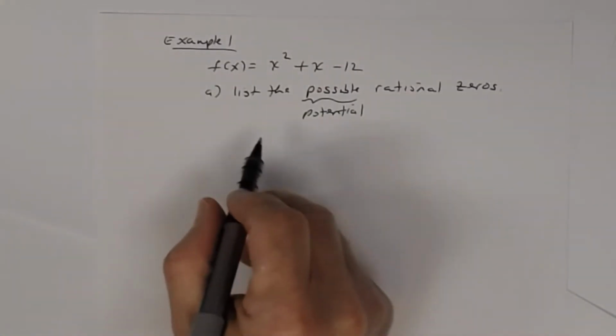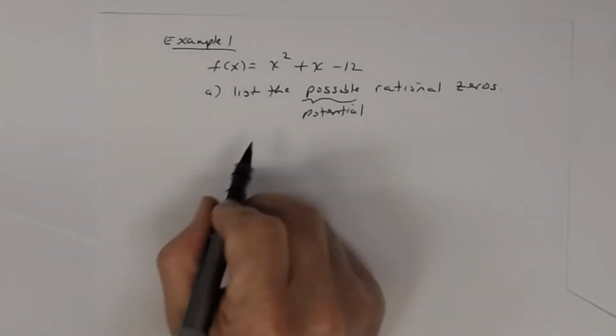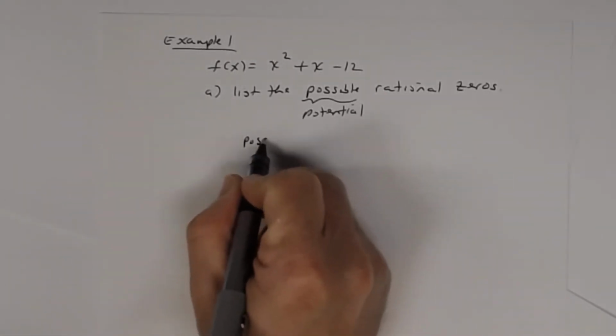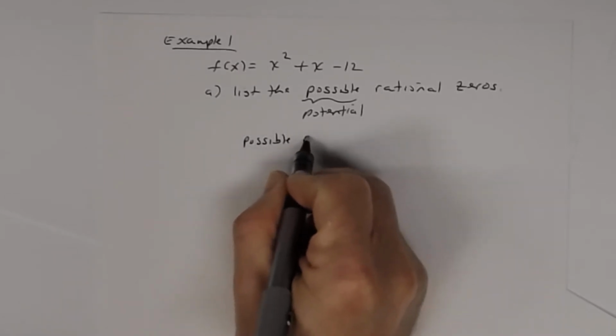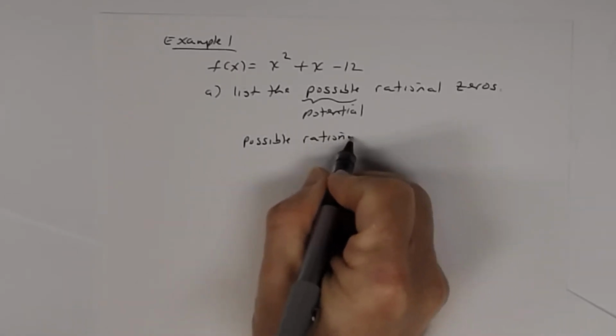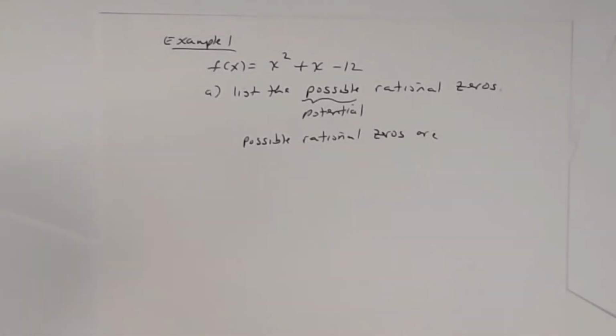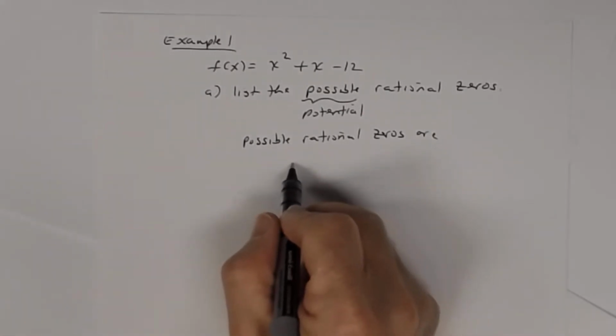Okay, so here's what you do. If the question says list the possible rational zeros, then you're going to say the possible rational zeros are, and remember it's p divided by q, right?